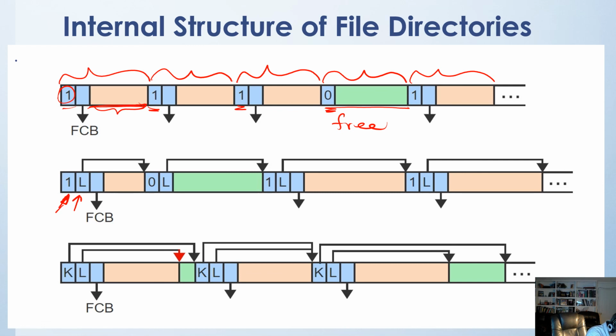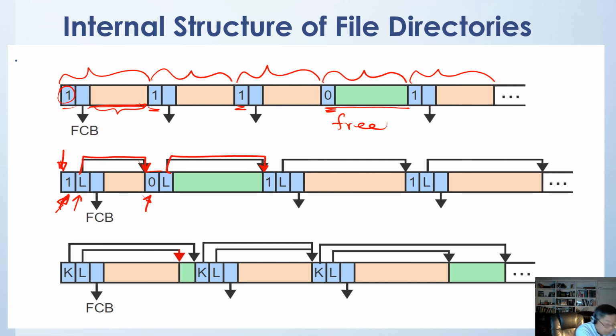Searching for a file name or a hole is accomplished by following the length field. You start from here, following the length field you reach the end of this entry, and then following the length field, you reach the end of the next entry. 1 means occupied, 0 means empty.